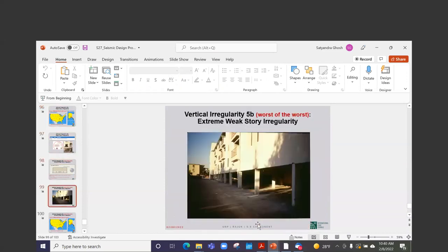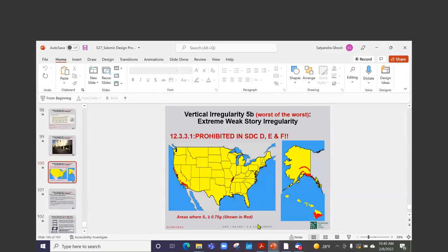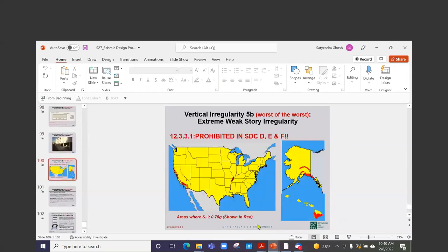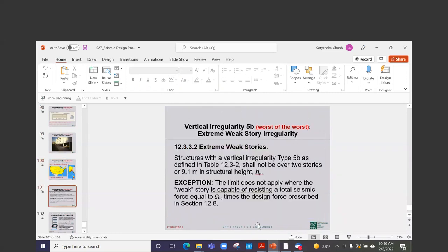So your question is about type 5B, when I say prohibited in D, E, and F. But I also said that it is really not prohibited. You cannot go beyond 2 stories or 9.1 meters. That doesn't answer your question.